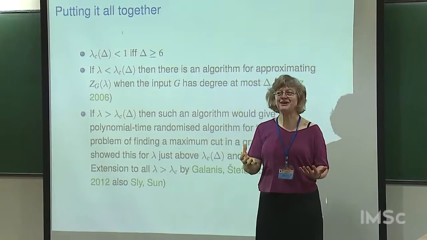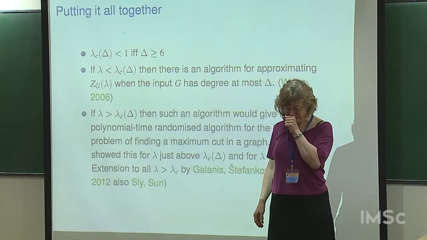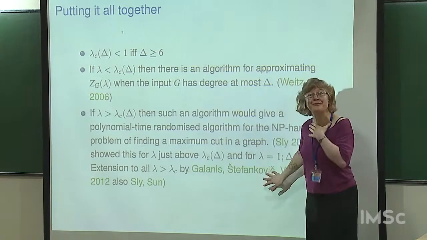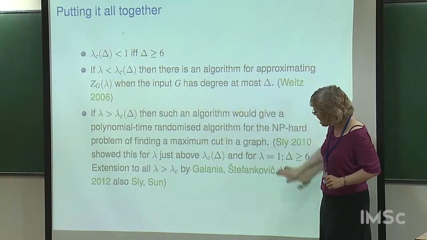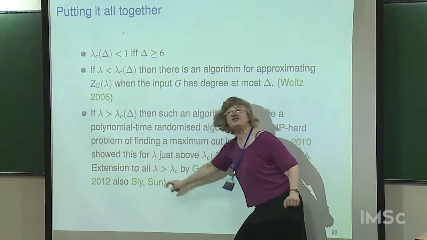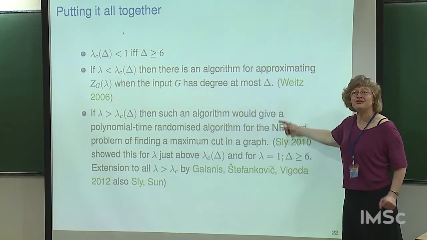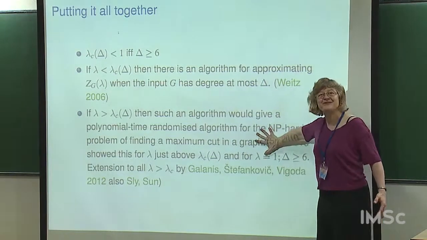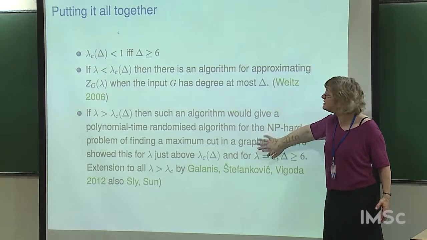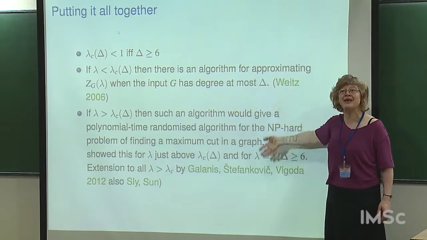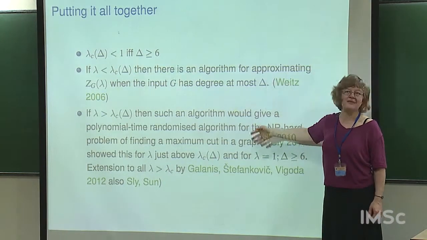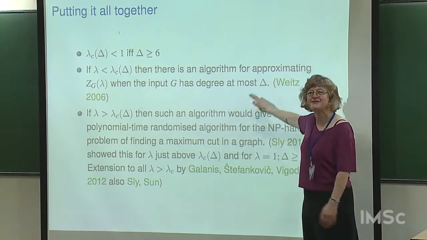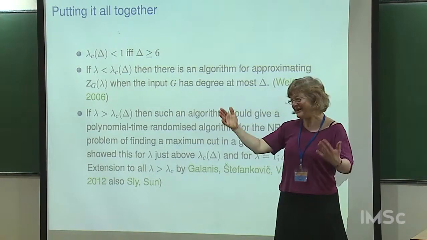And just to close, I want to point out that there's all sorts of interesting issues that come up, because, for example, there's a result by Sly and Sun that shows that this is true even assuming the log of the partition function, just like the things we've seen. But for example, if you go to the planar case, suddenly estimating the log becomes easy, but then there are still ways that it could be hard, and there are other spin systems and a lot we don't know, but I will stop.